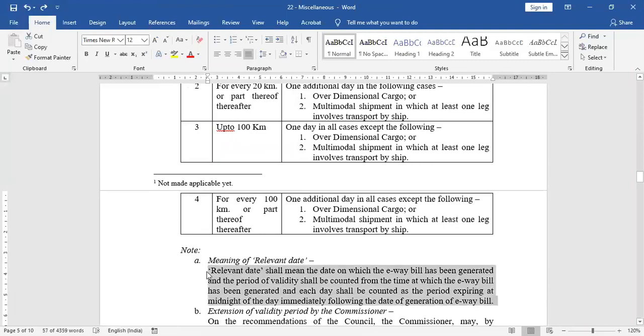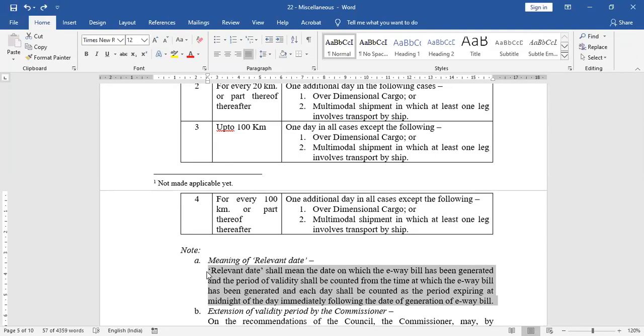Relevant date shall mean the date on which the e-way bill has been generated. That means today is the relevant date, 15th June, and the period of validity shall be counted from the time at which the e-way bill has been generated, so from today 3:34 p.m. Each day shall be counted as the period expiring at midnight of the day immediately following the date of generation of the e-way bill.